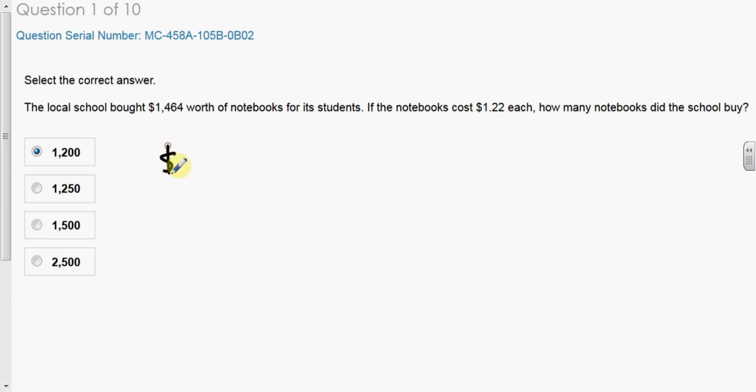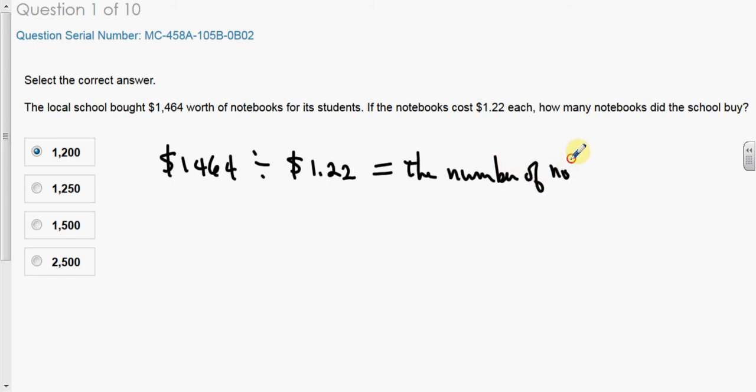So if we divide the 1,464 by the cost per notebook, then this gives us the number of notebooks bought. Now that number comes out in division is 1,200.